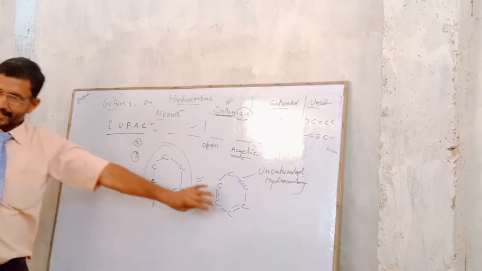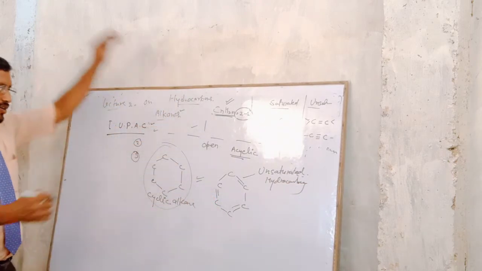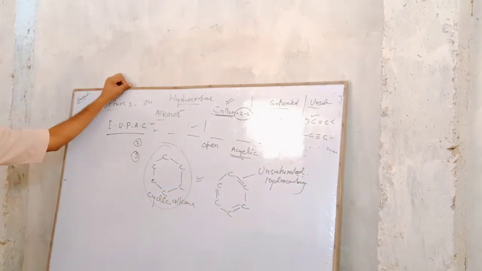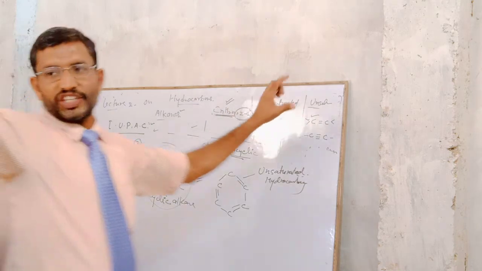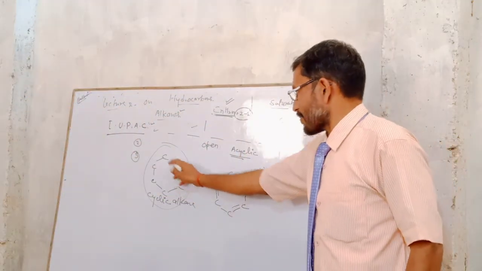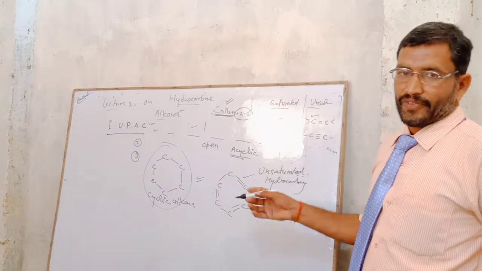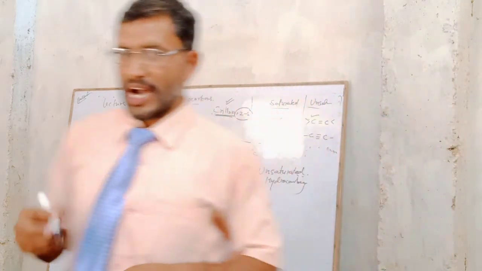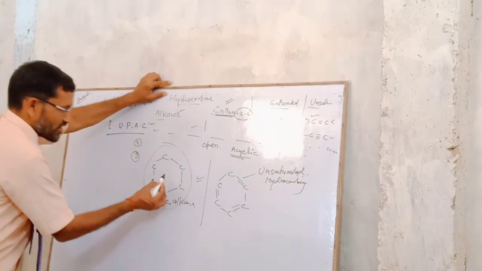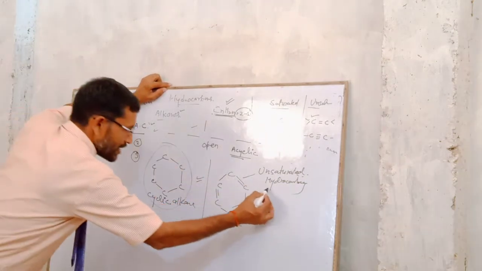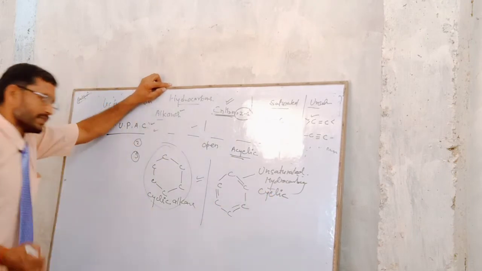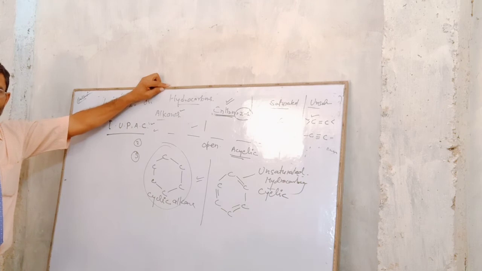It's cyclic. Earlier, with a double bond in a single open chain, it was acyclic or non-cyclic. But here you have carbon atoms arranged in a ring. So called cyclic hydrocarbon, and there are two types: saturated cyclic and unsaturated cyclic hydrocarbon. Are you getting?